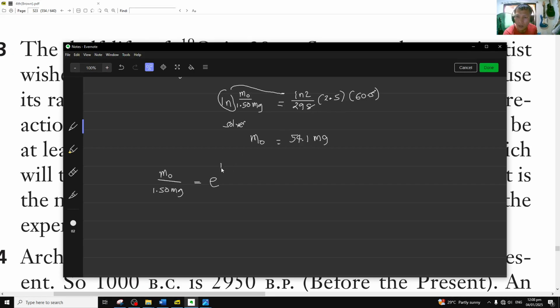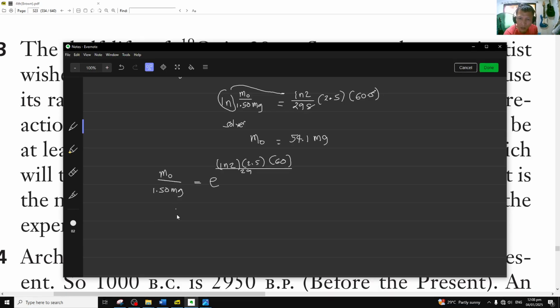Anyway, you can just have ln 2 multiplied by 2.5 by 60 seconds all over 29.